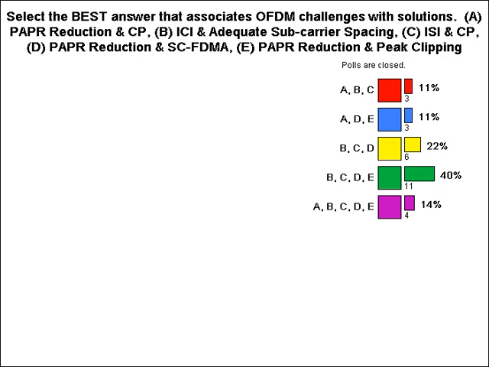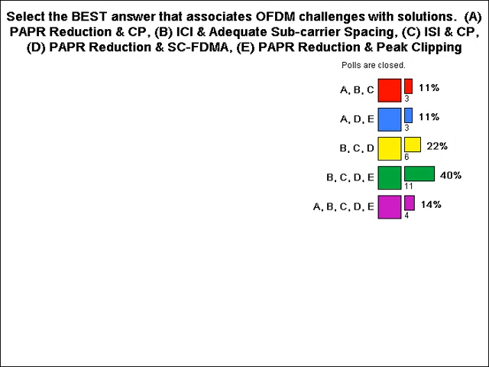It is correct that if you have adequate subcarrier spacing, wide enough, let's say 15 kHz in LTE, that will help us with the inter-carrier interference. So it is a correct solution to the problem. C. Yes, cyclic prefix helps us solve the inter-symbol interference problem. So C is a good choice.